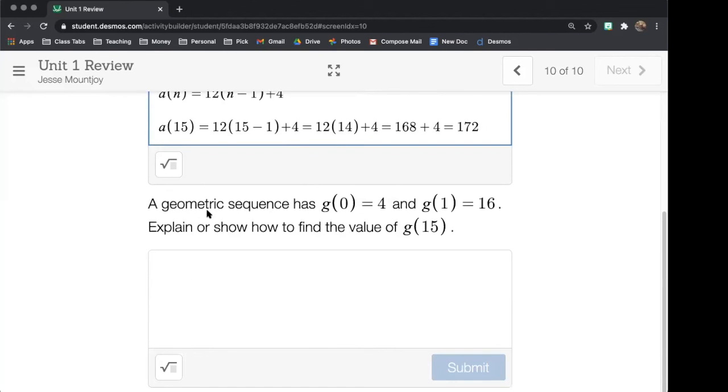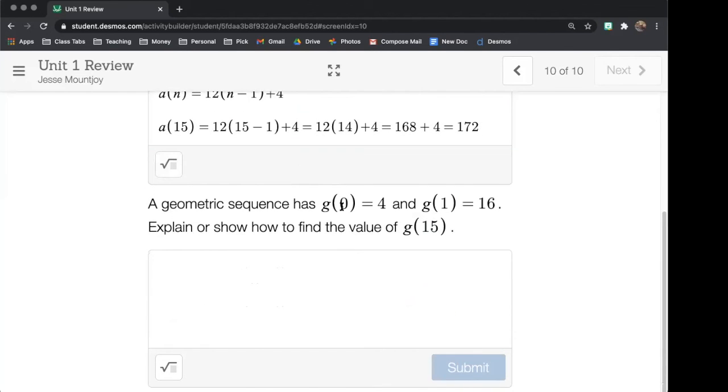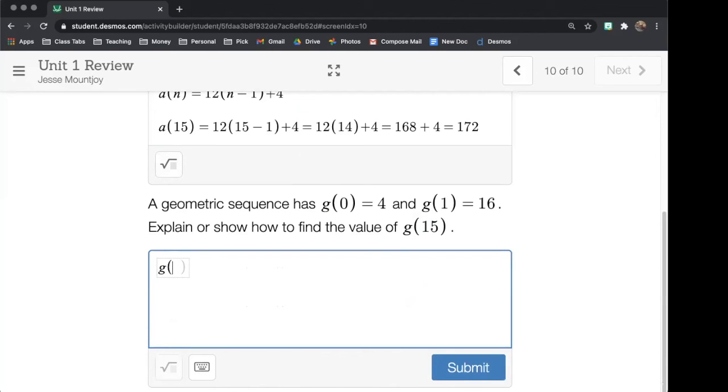All right. A geometric sequence is g of 0 equals 4 and g of 1 equals 16. Explain or show how to find the value of g of 15. So we're not going to make this mistake of doing a recursive definition again because it takes too long. Let's find our function for the explicit. So we want to know what g of n is equal to. It starts at 4.